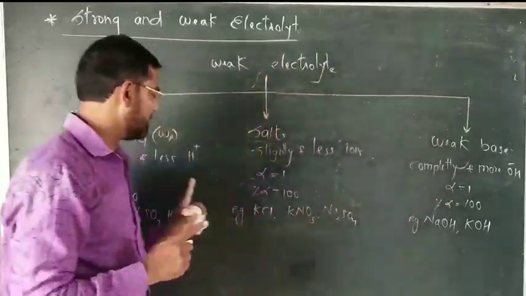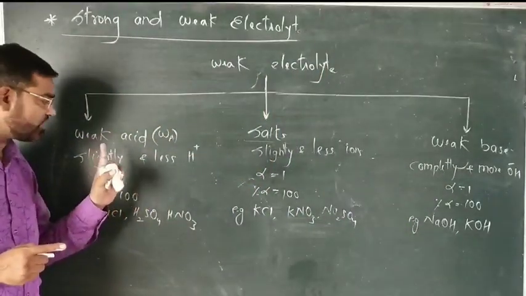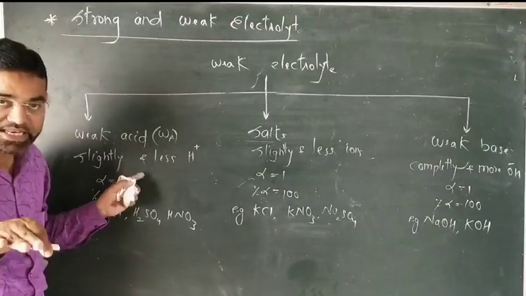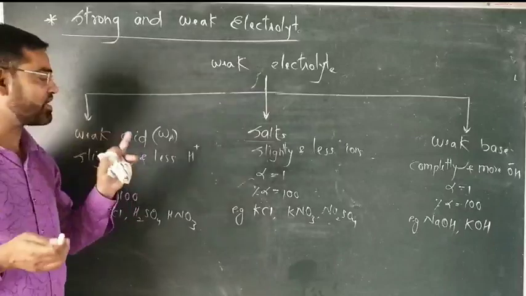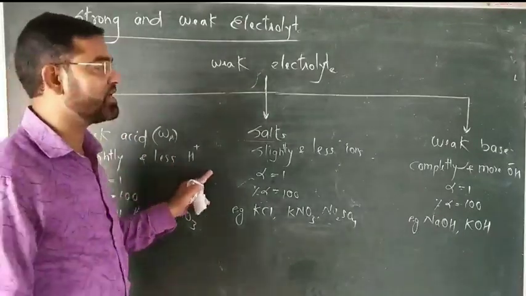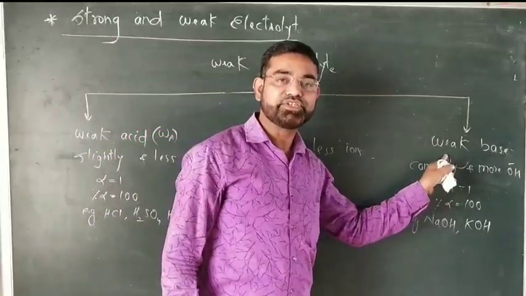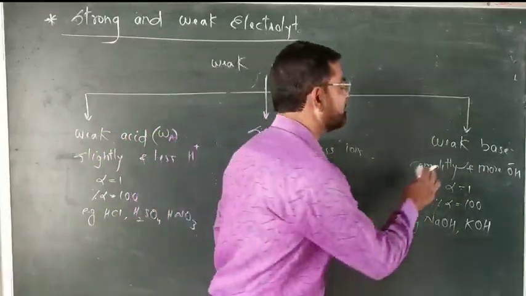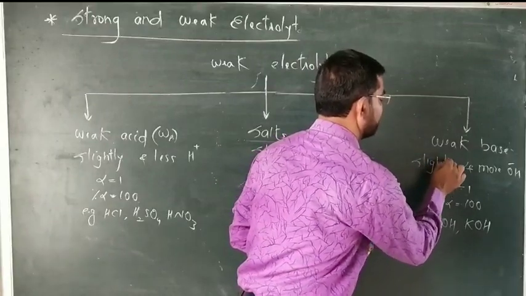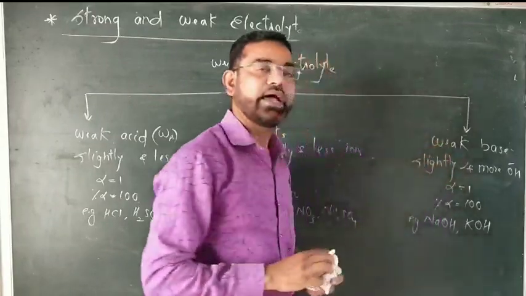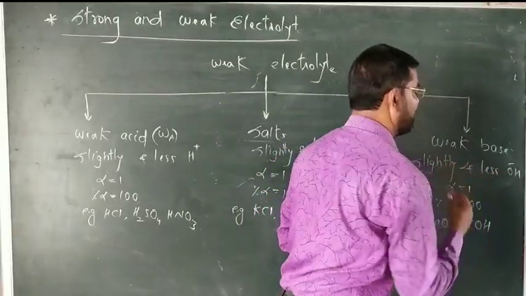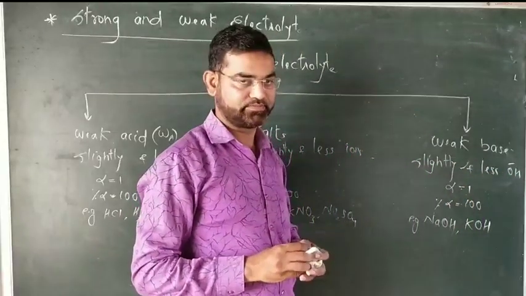Weak bases, now remind, what is weak acid? The acid which dissociates slightly and gives less number of H plus ion is known as weak acid. Similarly, the bases which dissociate slightly and give less number of OH minus ion are known as weak bases.